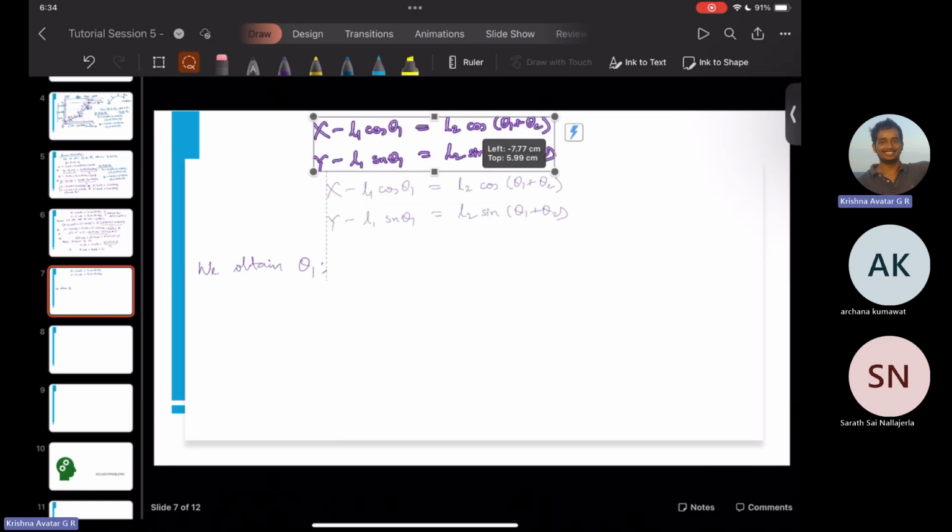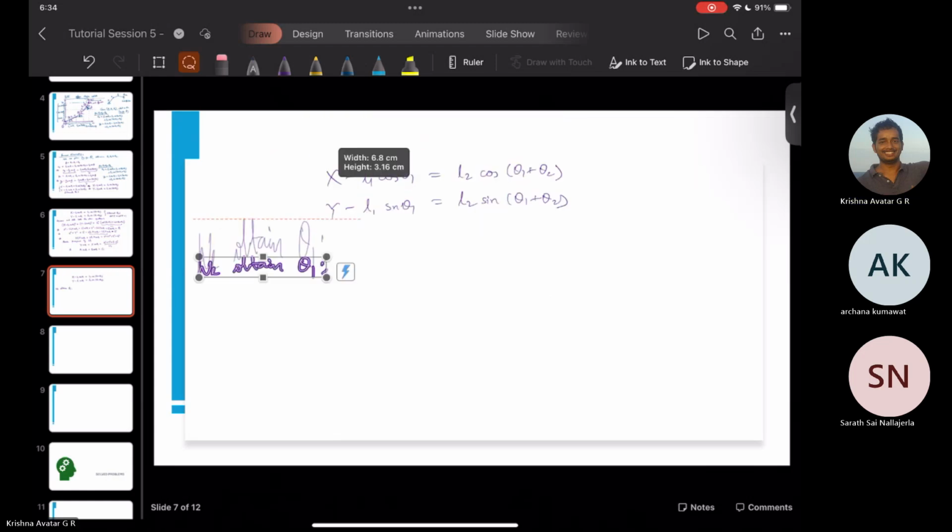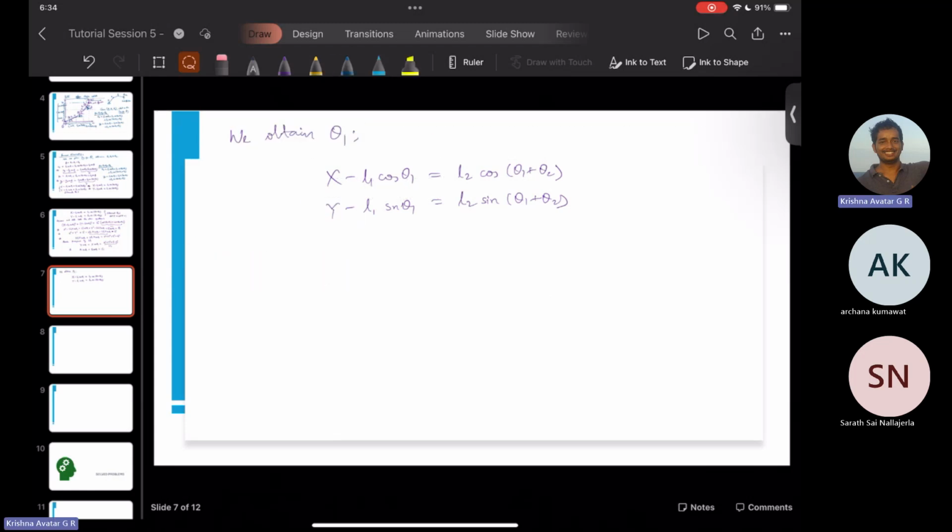So we have this here. We obtain theta 1. Now our goal is to determine theta 2, right? And this comes by, say, we divide the second equation by the first.